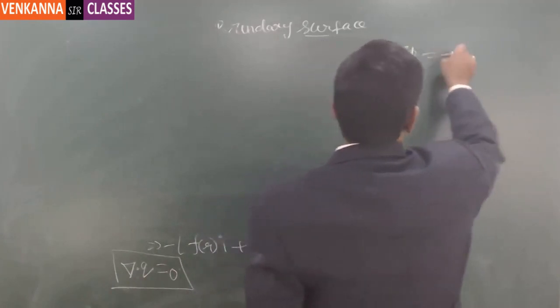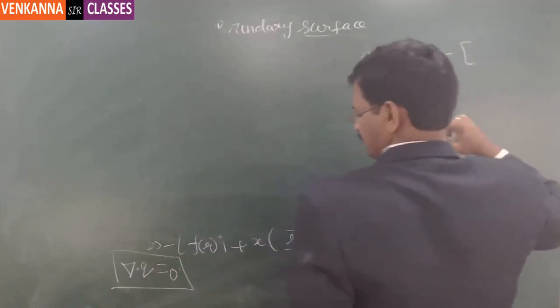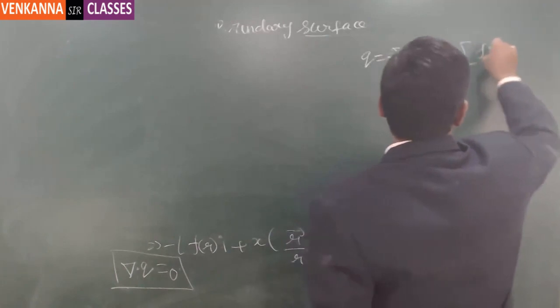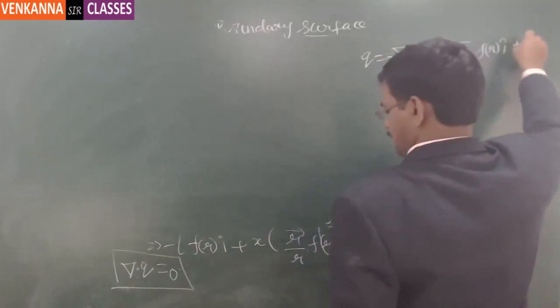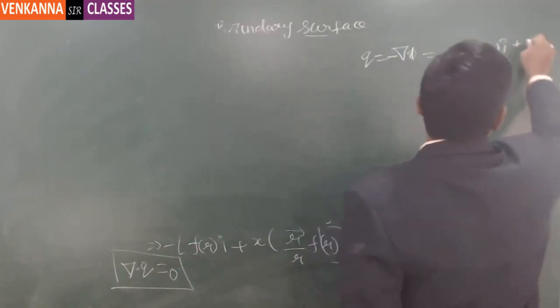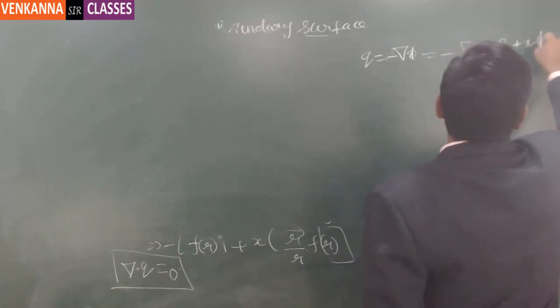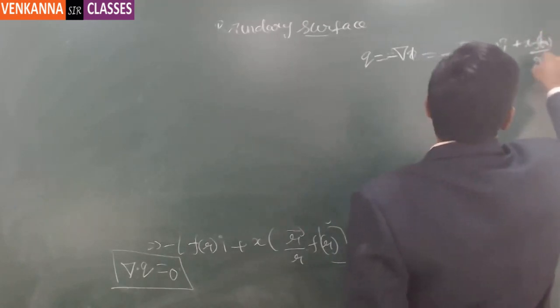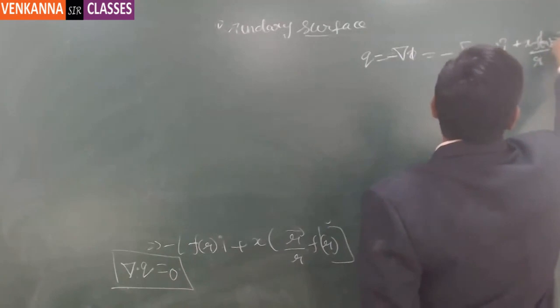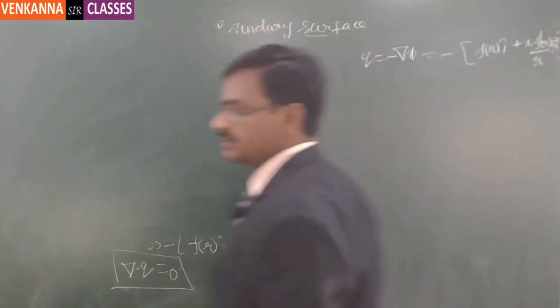Minus del phi. So q is minus of f of r into i plus x into f dash of r divided by r into r bar. So this is the velocity vector.